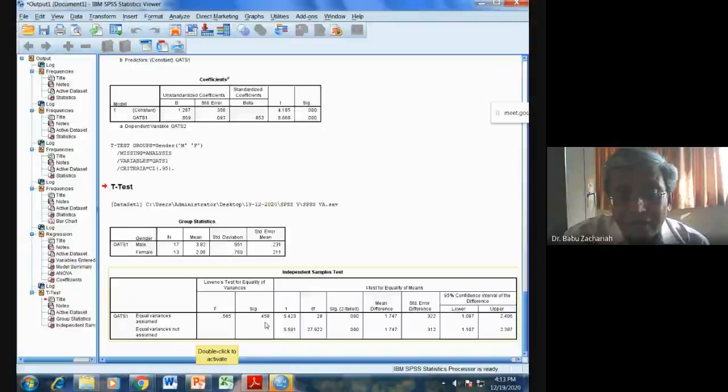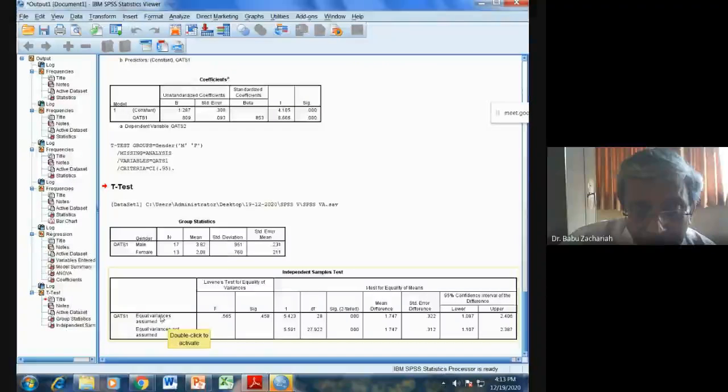That significance is 0.45. If alpha is 0.05, 0.45 is much larger than that. That falls in the acceptance region. The null hypothesis is accepted. What is the null hypothesis? Variances are equal. So equal variances assumed is what we accept. Therefore, for further discussion, we'll look only at the corresponding top row.